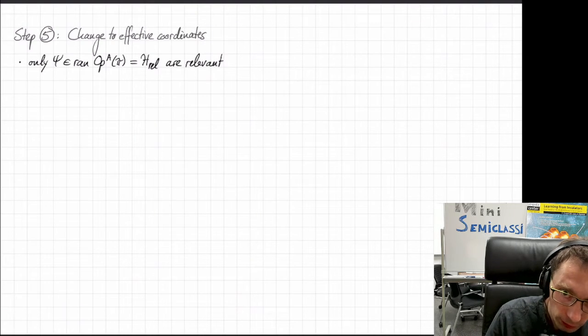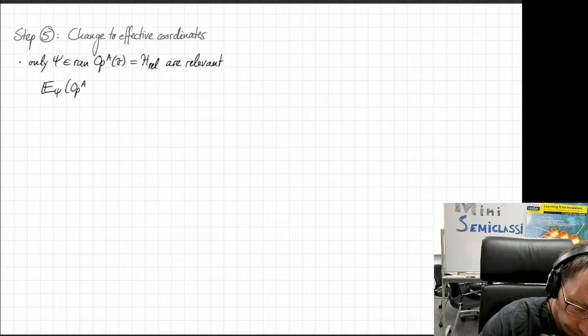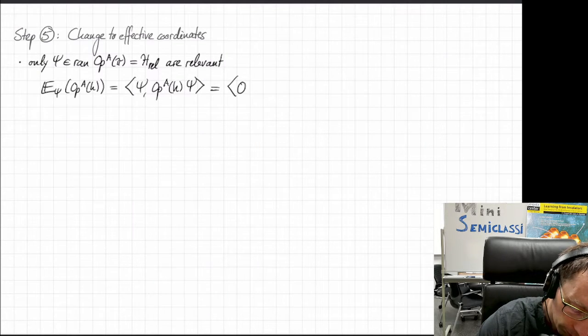And one thing that we confirmed already is that if I take the energy expectation value for relevant states, then I just have the scalar product of psi with op A of H psi. Because these are from the relevant subspace, I can introduce the projection free of charge.